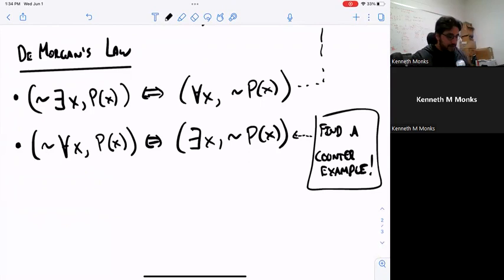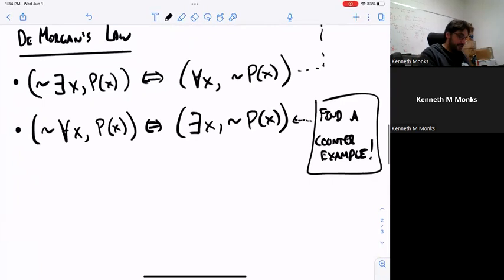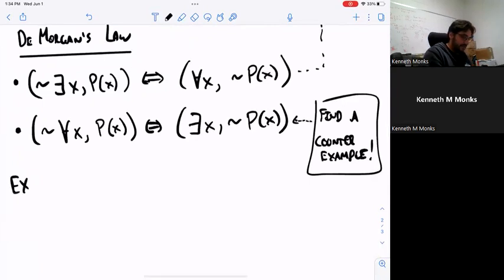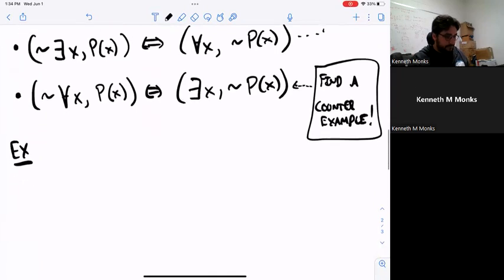So here's an example. Let me make it concrete with a common example from calculus. Say the domain of calculus, right?